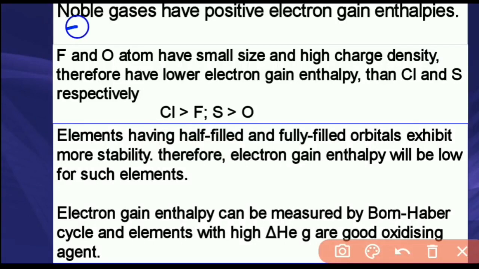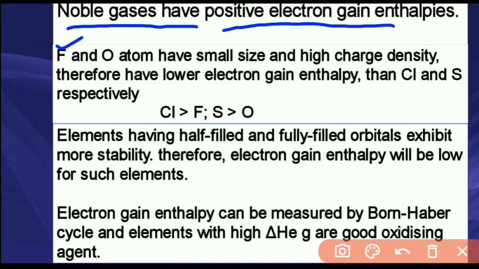And noble gases have positive electron gain enthalpy. It means noble gases have a stable electronic configuration, and when we add an extra electron, it is placed in the next higher principal quantum number and produces an unstable configuration. Therefore, it has positive electron gain enthalpy.